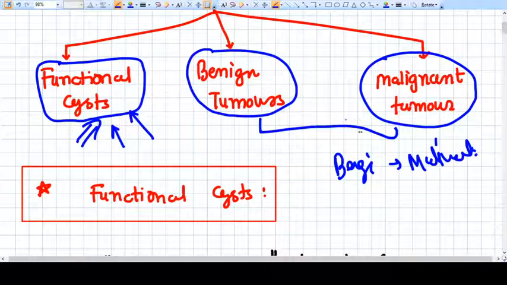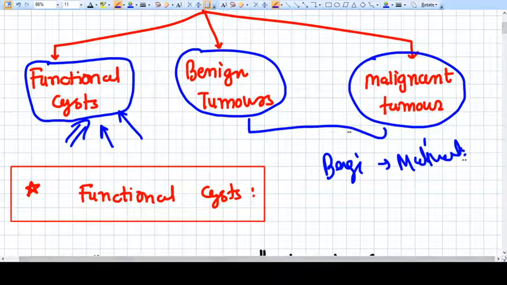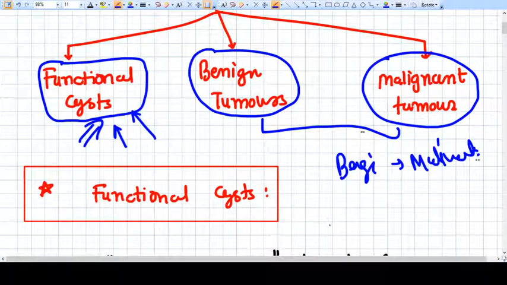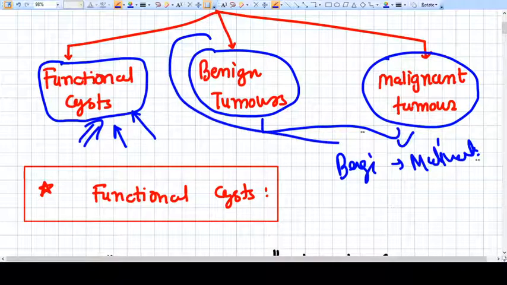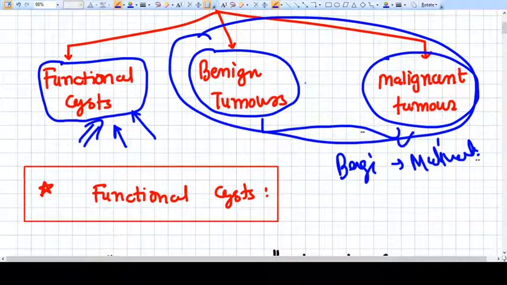So there is no such classification that these tumors are benign and these tumors are malignant, because every benign tumor has a potential of becoming a malignant tumor. So we don't classify the solid tumors into just benign and malignant, because we need to classify these tumors on the origin of the cell from which they originate. This classification will come after this.